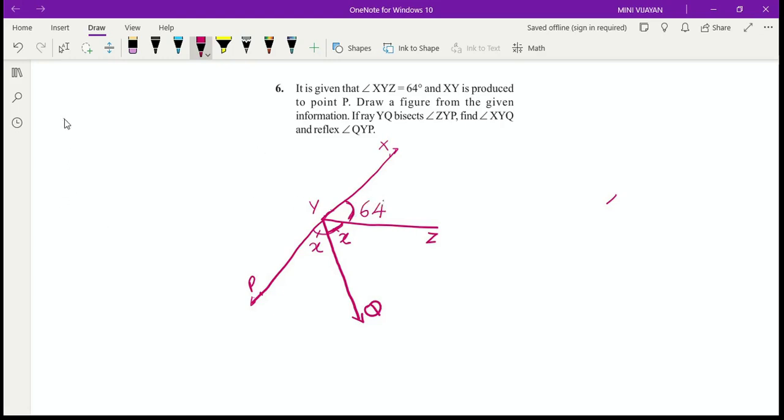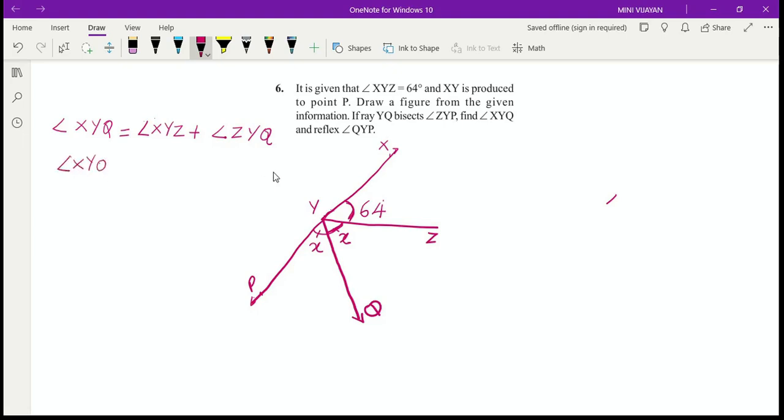So angle XYQ has two angles in it. I'm just writing the names first. In XYQ, the angles are angle XYZ plus angle ZYQ. So these are the angles in angle XYQ. Again replace them with the given values.